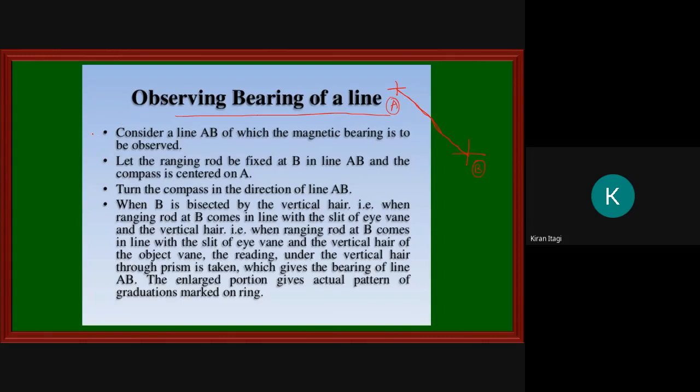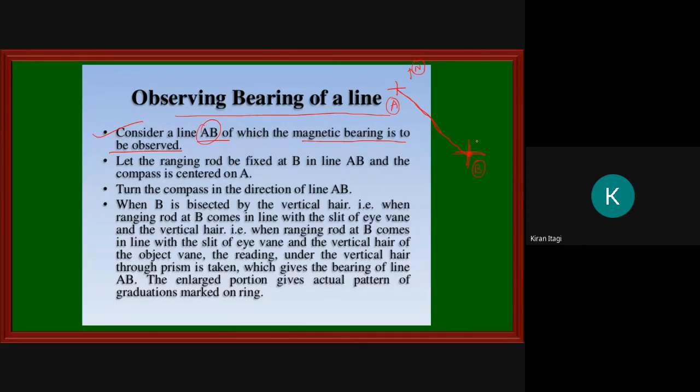Consider a line AB of which the magnetic bearing is to be observed. With respect to magnetic north, we are observing station B. Let the ranging rod be fixed at B.